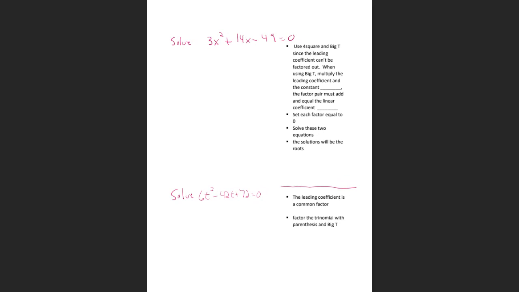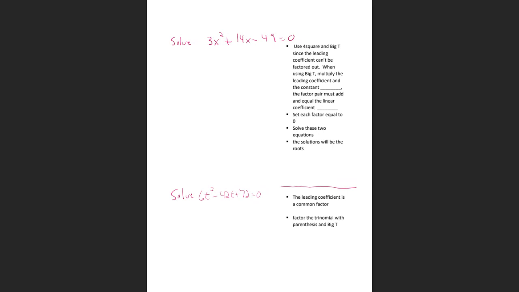So let me go ahead and show you 4 square on this problem. Notice it is a quadratic equation because it's set equal to 0, and there's a quadratic term. There is no GCF here, unfortunately. The 3, the 14, and the 49 have no number in common, and they don't have an x in common either, so we're stuck with those 3 terms.